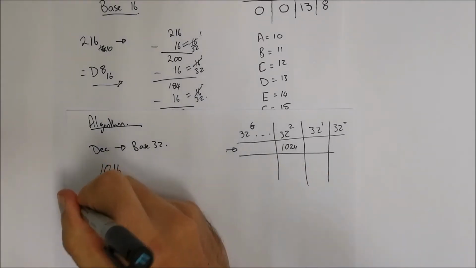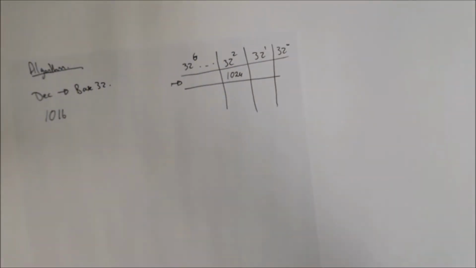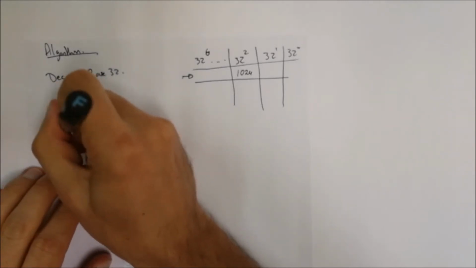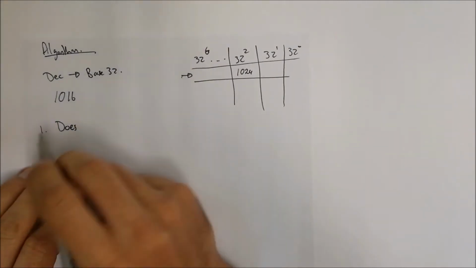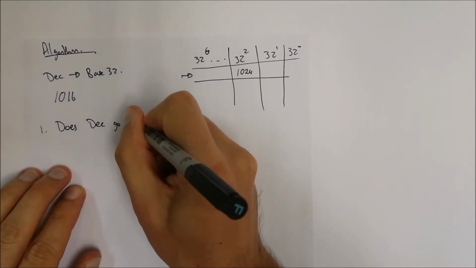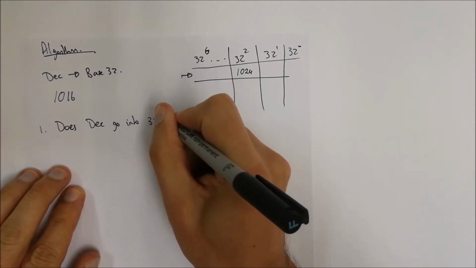So the first step we're going to have to take into account is: does the decimal number go into 32 to the power of n?